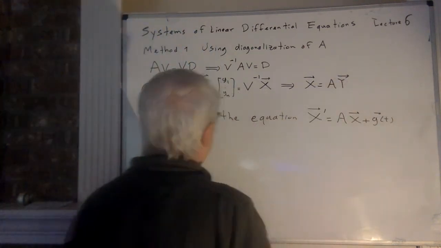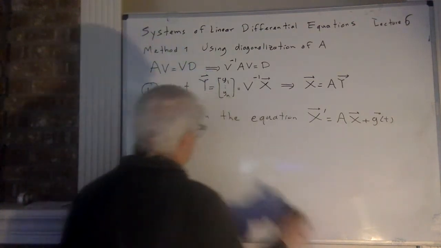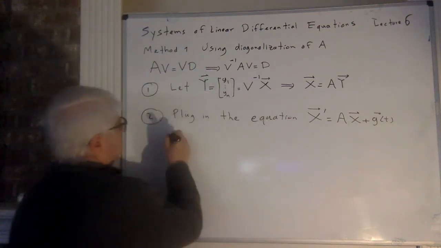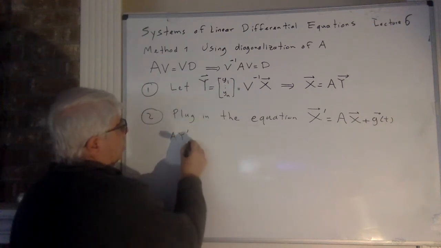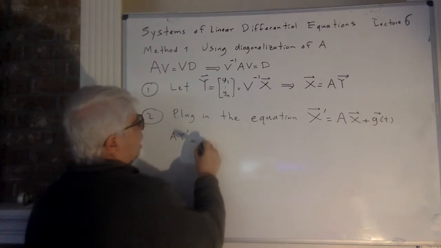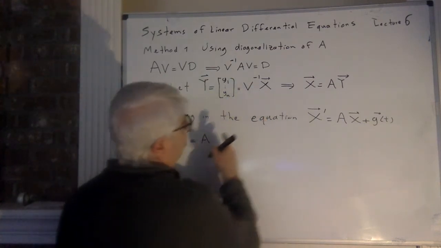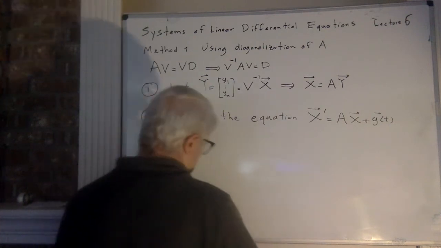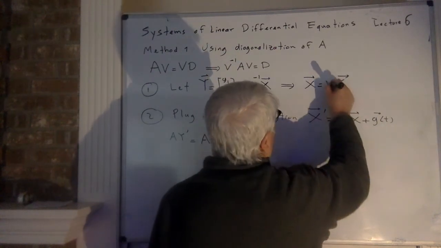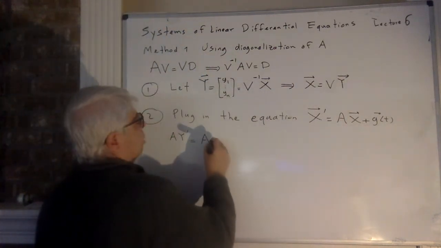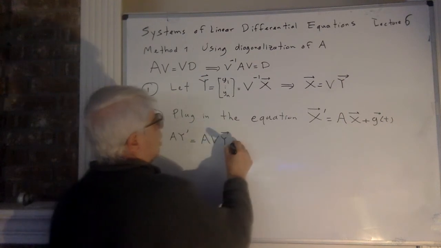So if I plug in, X prime is V Y prime, equals A, sorry, this is not A, this is V. So A V Y plus G(t).